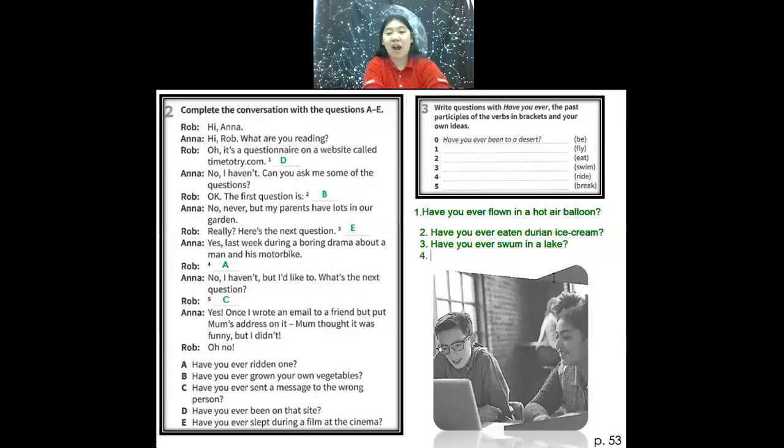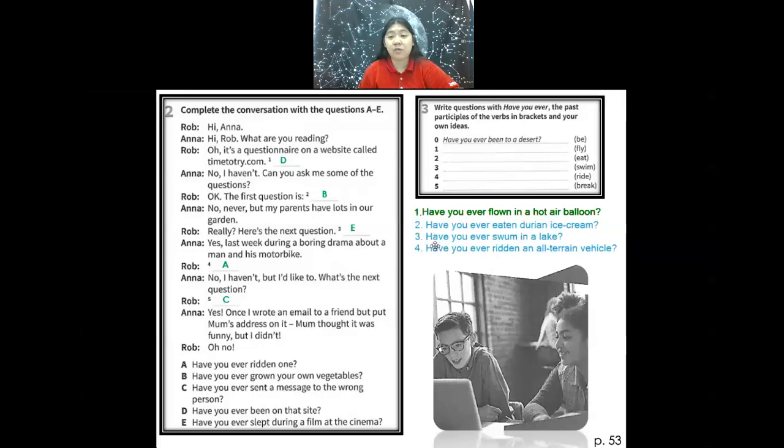Okay, next one. Right. Have you ever ridden on something? Maybe a horse or a motorbike? Okay, have you ever ridden in an all-terrain vehicle?